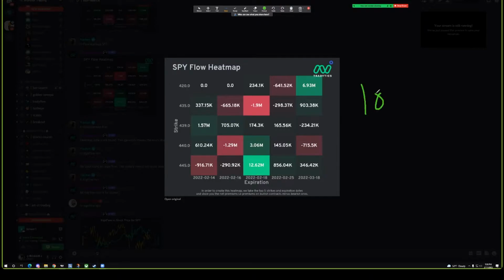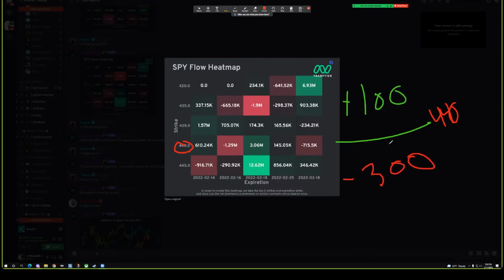So say on the 440 strike, there's 100 people who bought calls, and then there's also negative 300 who bought puts. Essentially, that's going to leave you with negative 200 on the 440 strike. And then it stacks up. And once you start dealing with millions, these are the numbers that you start to get. And that's essentially what it all is.